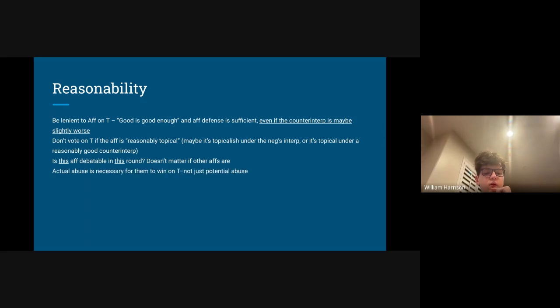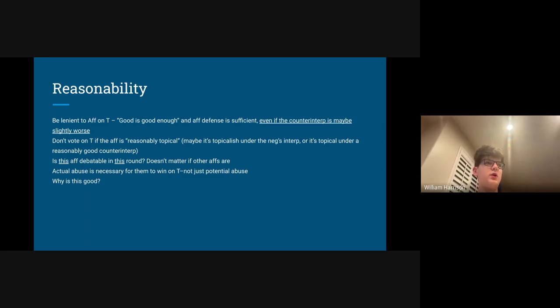So this raises the question of actual versus potential abuse. Reasonability is saying that the impacts of T must be the ones that arise in this actual round, not ones that could arise from other AFFs that might be allowed. So actual abuse must happen for you to vote on T, not just potential abuse.